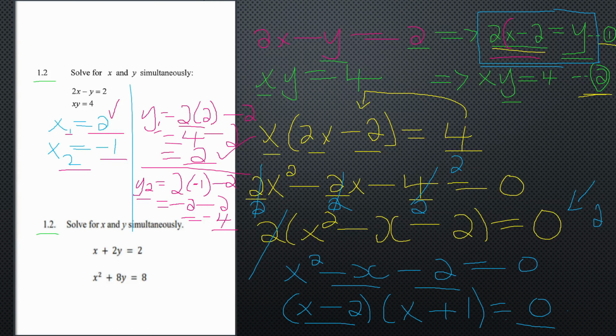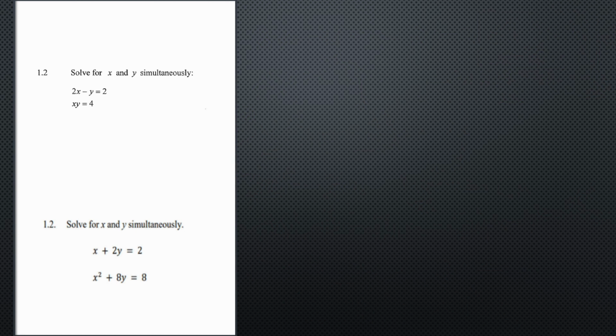So now we are done with the first question for solving for x and y, and we got all the values as expected. So now we are going to erase the entire board so that we can start with our second question down here.